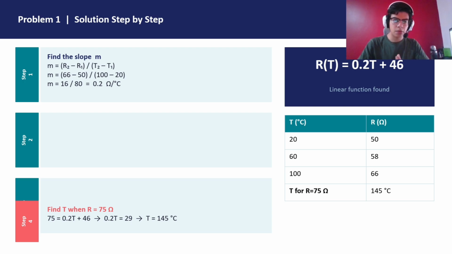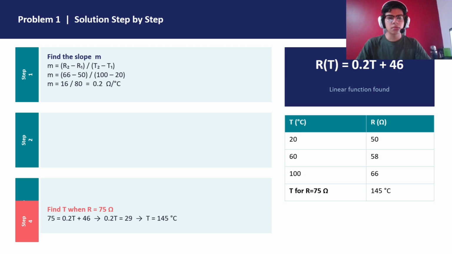We have the equation m equals R2 minus R1 divided by T2 minus T1. So making the subtraction, it is m equals 56 minus 15 divided by 100 minus 20.